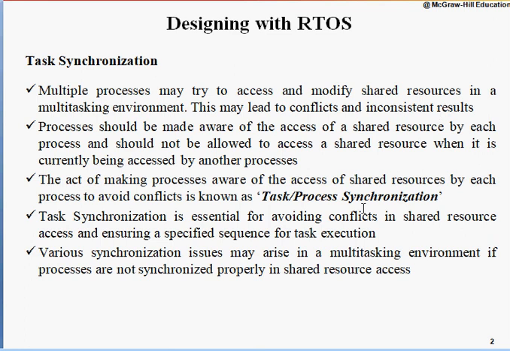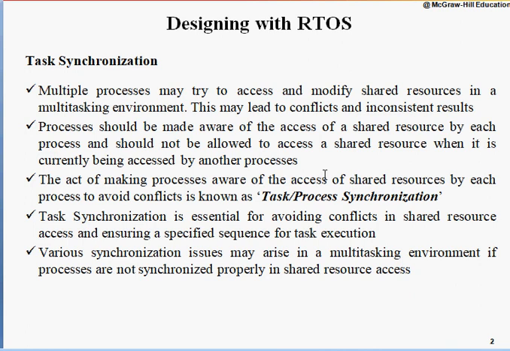So task synchronization ensures that if two processes are using the same resource, it will tell the other process, which you can think of as having been given less priority, that one process is already using this resource, so wait for a while.